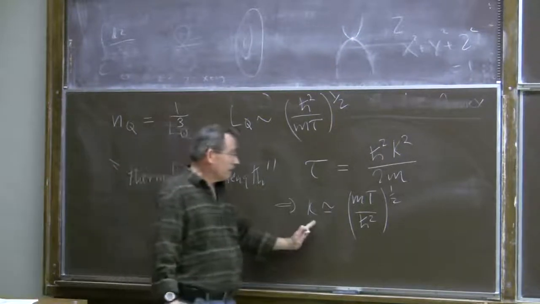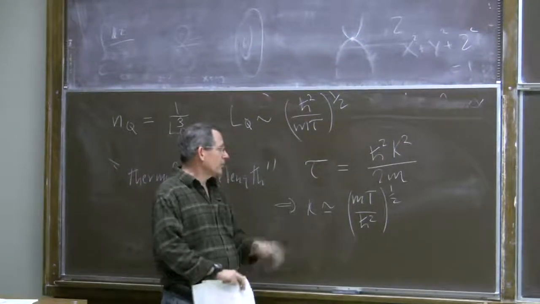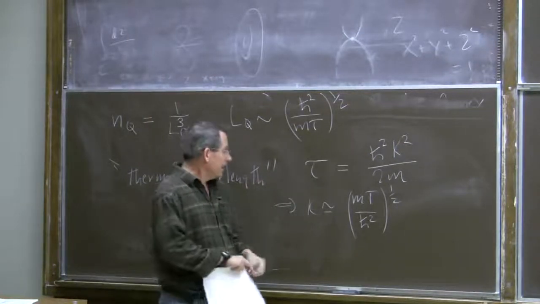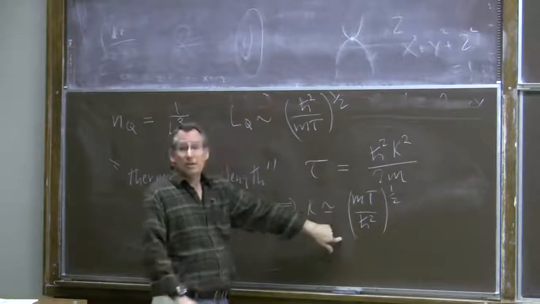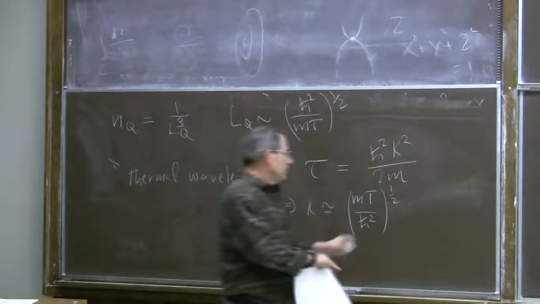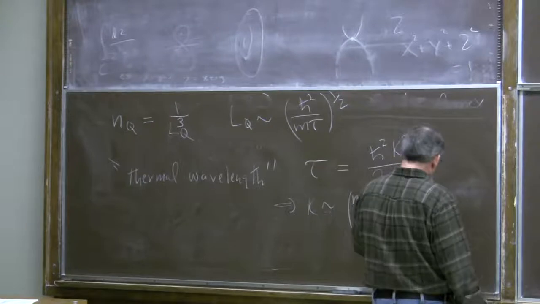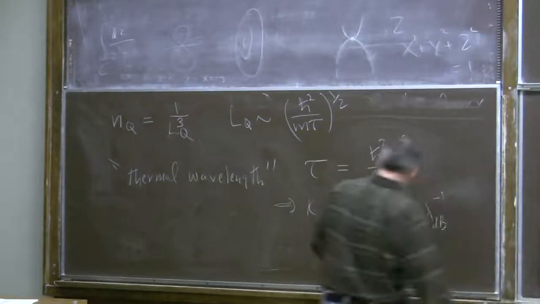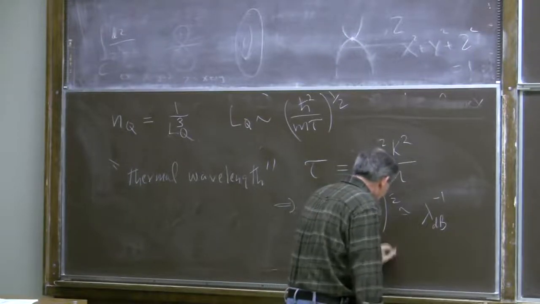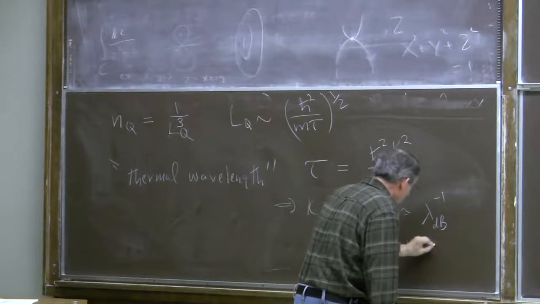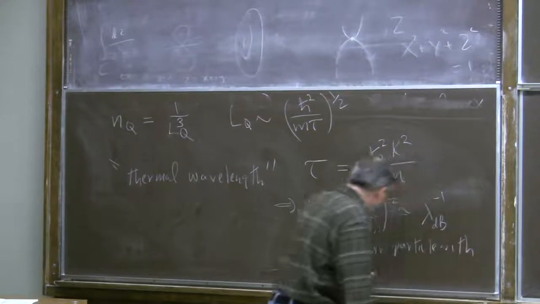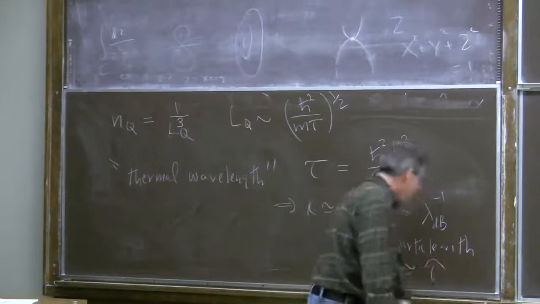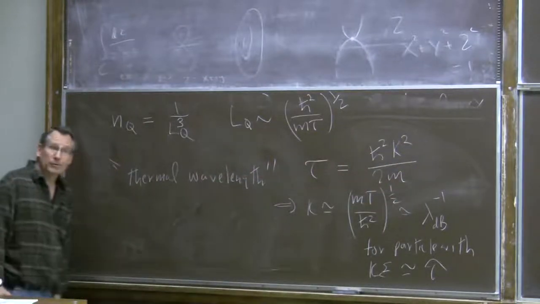So this is like the de Broglie wave number for a particle which has a kinetic energy comparable to the temperature, and its reciprocal is the corresponding wavelength. So this goes like lambda de Broglie inverse for a particle with kinetic energy comparable to the temperature tau. Okay.